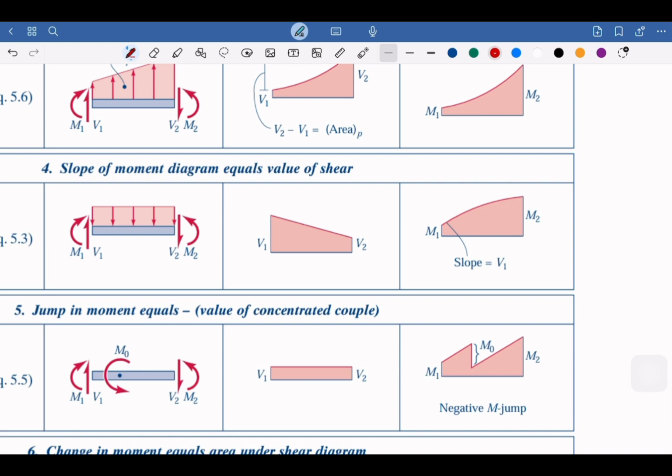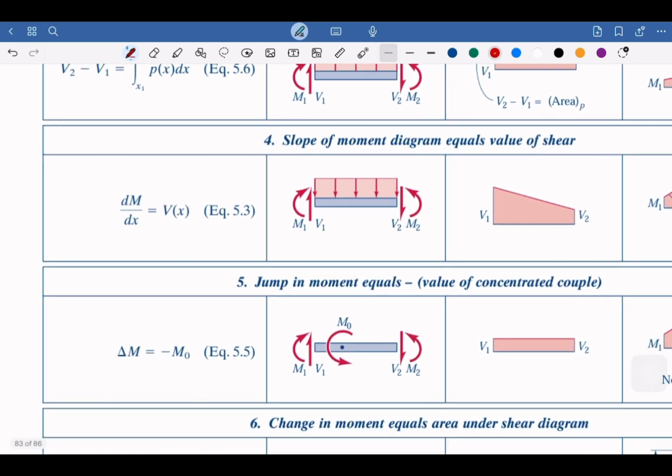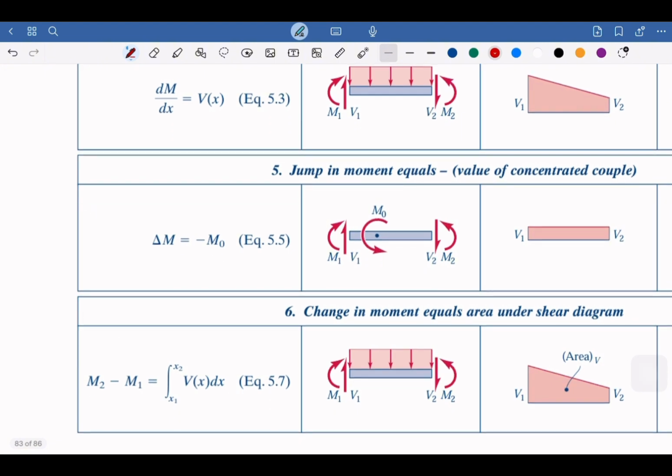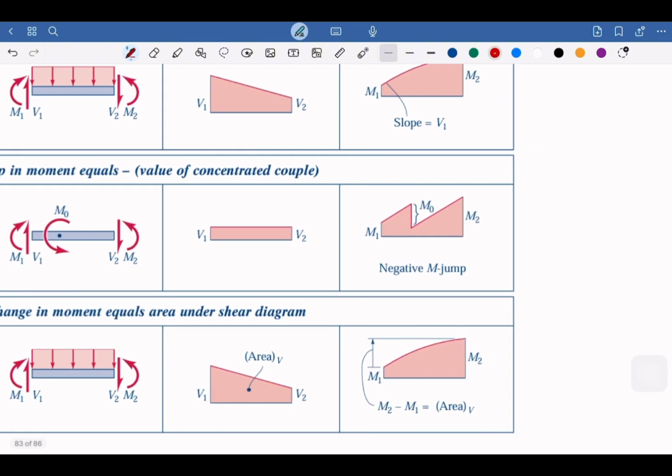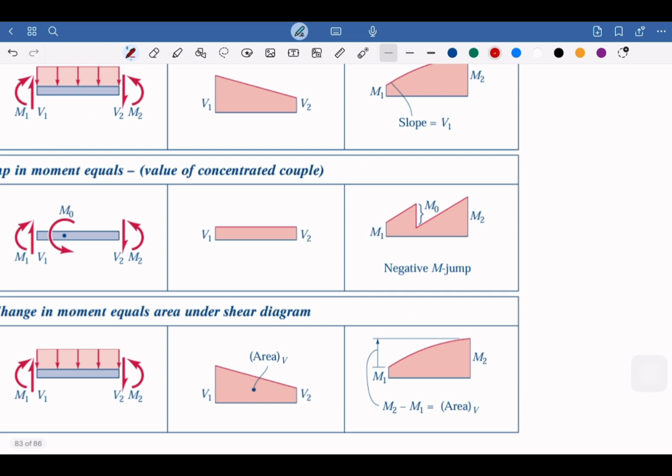And then there will also be a jump when we have the moment. For example, there is nothing in between, but you have a moment, and this just takes the subtraction, because there is nothing there, so we have only the external couple or external moment.